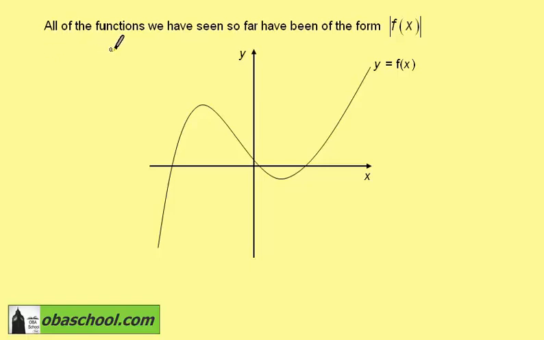All of the functions we have seen so far have been of the form mod f(x). What we've seen is that to produce the graph of y equals mod f(x), we've drawn the graph of y equals f(x) and then kept all of the parts above the x-axis, and all of the parts below the x-axis have been reflected so that they're now above the x-axis.